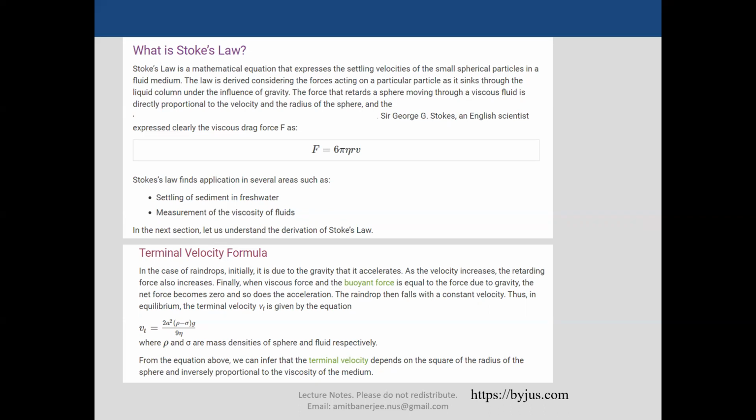The raindrop falls with a constant velocity. Thus, in equilibrium, the terminal velocity Vt can be given by this formula, where rho and sigma are the mass densities of the sphere and the fluid respectively. And from this, the terminal velocity depends on the square of the radius of the sphere and is inversely proportional to the viscosity of the medium.